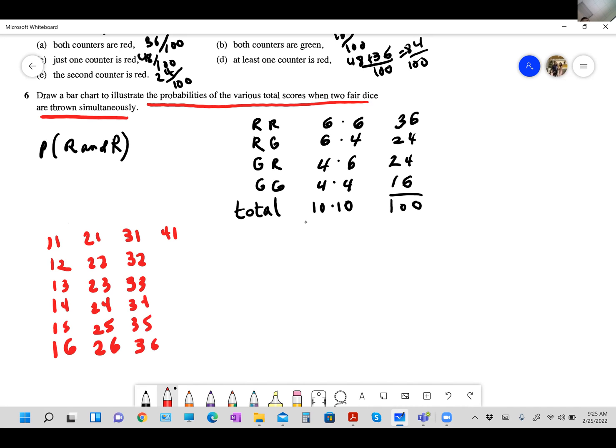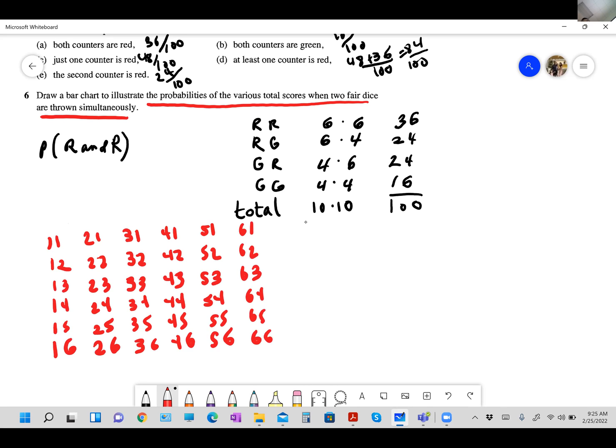And 4, 1 through 4, 6. And 5, 1 through 5, 6. And 6, 1 through 6, 6.